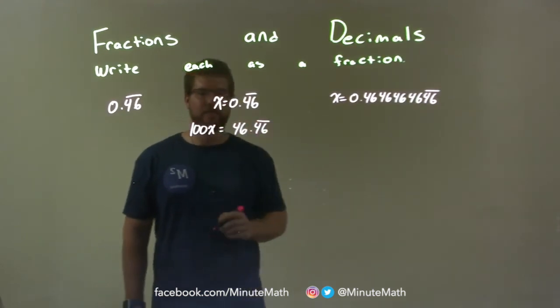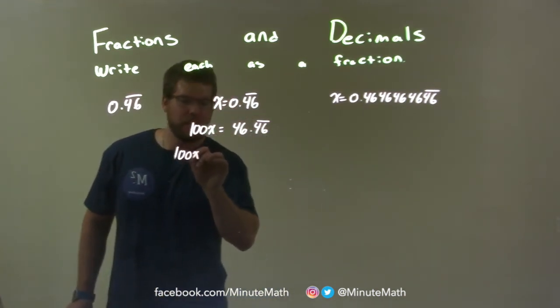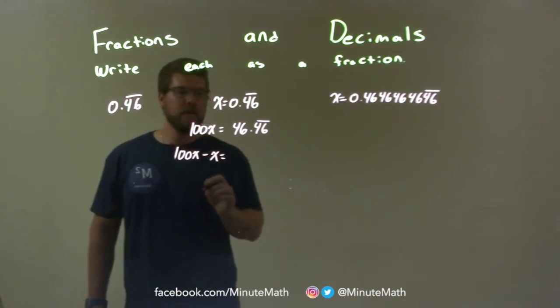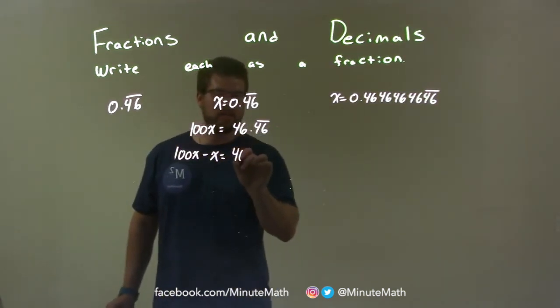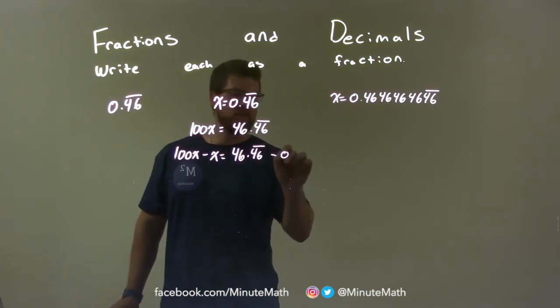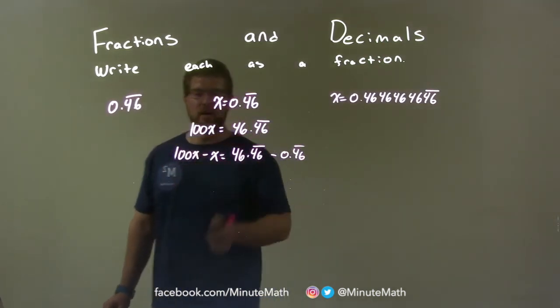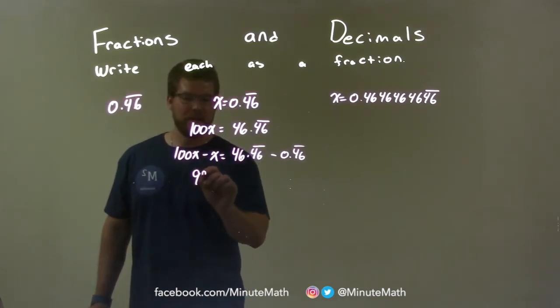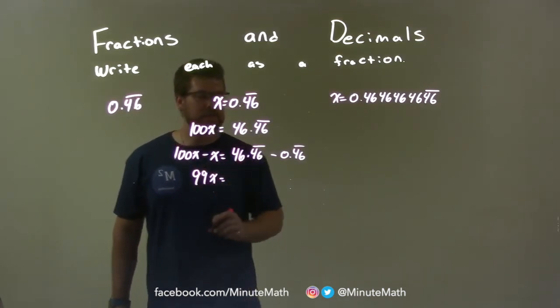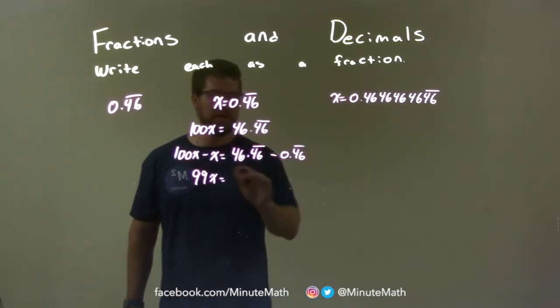46.46 repeating. Now watch this. We have 100x minus 1x. If 100x is 46.46 repeating, 1x is just 0.46 repeating. You can simplify that. 100x minus x is 99x. And 46.46 minus 0.46, even when it's repeating forever, they cancel out.